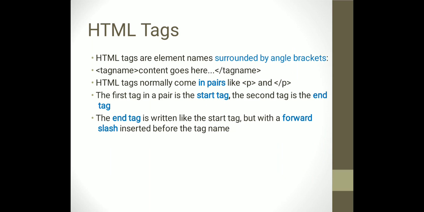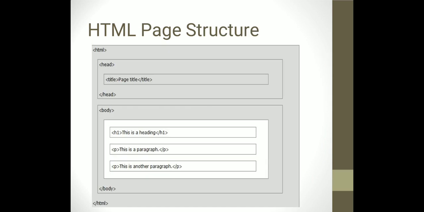HTML tags normally come in pairs, like p, paragraph, and slash p, which will be the closing paragraph tag. The first tag in a pair is the start tag, the second tag is the end tag, and the end tag is written like the start tag but with a forward slash before the tag name.